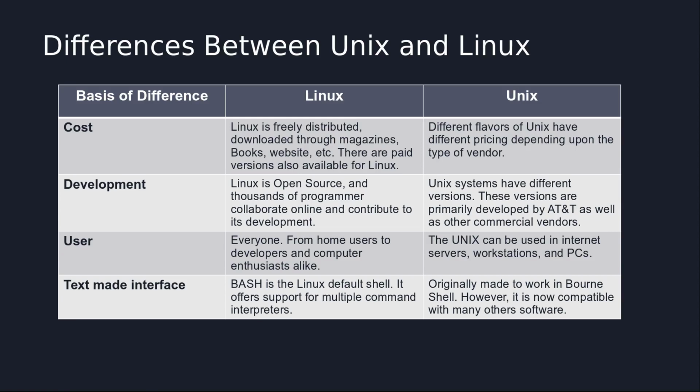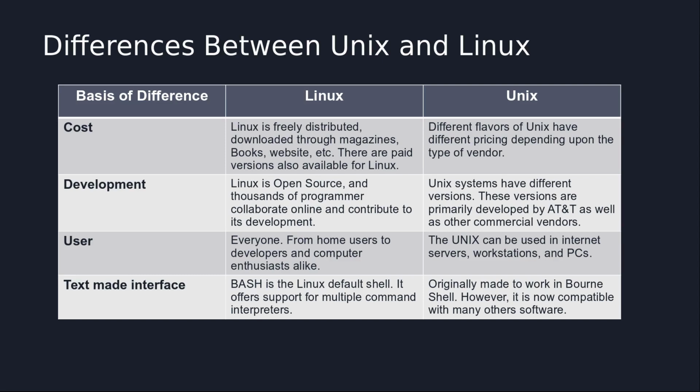And now, here on this chart, we will go into the meat of it. Now, as you can see here, what is the cost? For Linux, it is freely distributed. It's downloaded through magazines, books, webs, etc. And there are also paid versions available for Linux. For Unix, it's different flavors of Unix that have different pricing depending on the type of vendor, since Unix, of course, is more complex.